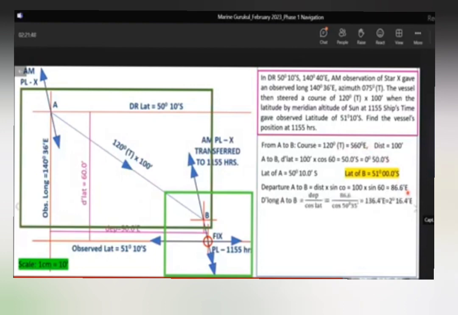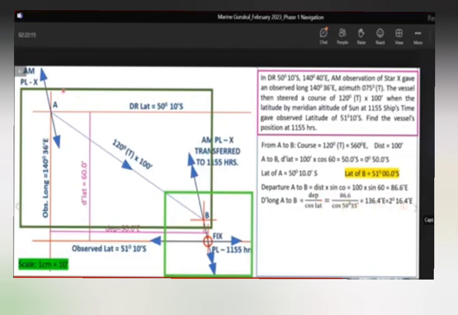Now we can convert this departure into d long using the parallel sailing formula. D long will be equal to departure upon cos of lat or cos of m lat, depending on the case, and we get d long as 136.4 minutes east, which translates to 2 degrees 16.4 minutes east.